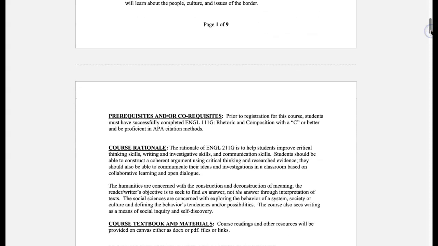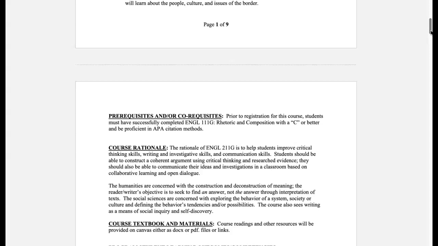Moving on, of course, the prerequisite for this class is English 111. So if you completed English 111 with a C or better, then you are definitely eligible to take this course. Now, we do write our essays using APA style, and I also teach English 111, so I do know that most people teach APA.